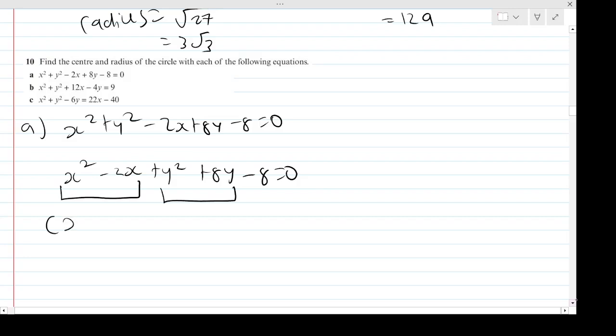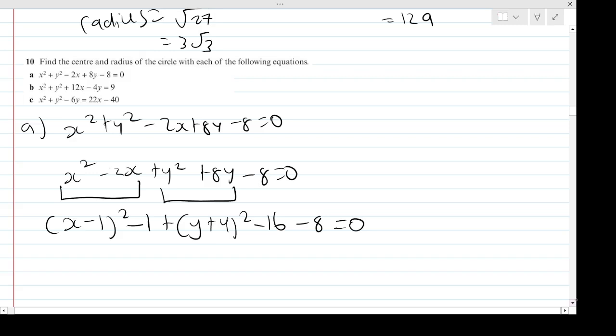Then we get (x - 1) squared, because half of minus 2 is minus 1, then minus 1 squared, so minus 1. Then we do the same for y, so a bracket of (y + 4) squared, because half of 8 is plus 4, then minus 16. Then we have the minus 8 on the end there. And that's equal to 0.